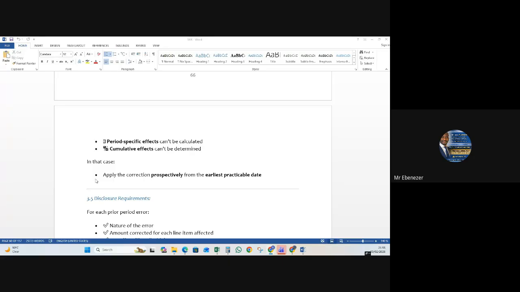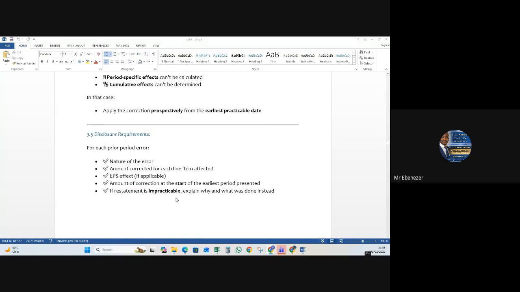Now, disclosure requirements. You are expected to disclose the nature of the error, the amount you have corrected for each line item, right? If it has any effect on EPS, earnings per share, the amount of correction at the beginning of the year.